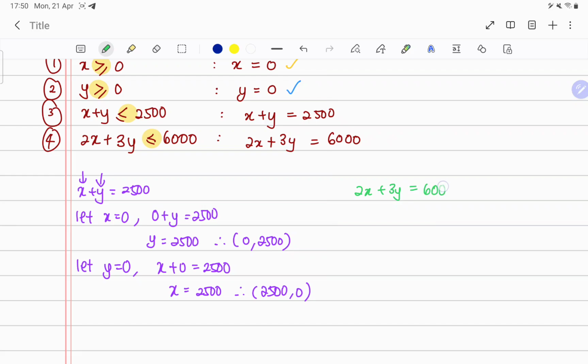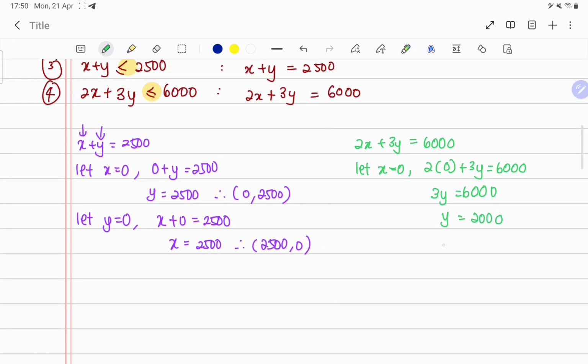So this is also a linear graph, right? So just let x equal to 0, then find the value of y. So 2 multiplied by 0 plus 3y equal to 6,000. So you get 3y equal to 6,000. Y is equal to 2,000. So you get one coordinate here, which is 0, 2,000.